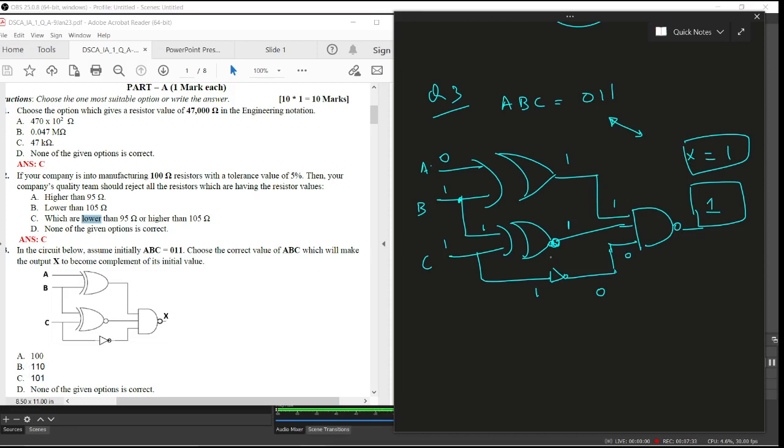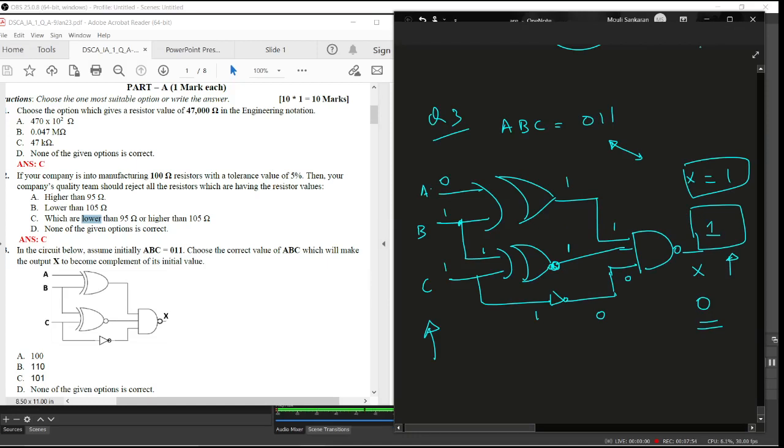What was the initial input given? ABC 0, 1, 1. So X will be initially 1. Now I need to give some other ABC which will make this output become 0. So I have to choose something which will make the output equal to 0. So let us now see how do I do it.